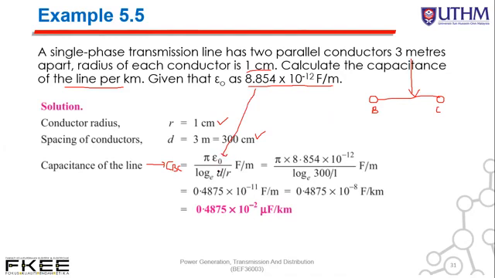Distance is 300 and R is the radius, 1. So we got the capacitance of the line CBC as 0.4875 times 10 to the power of minus 2 microfarad per kilometer.